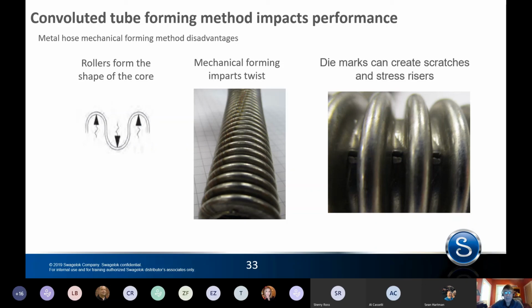And what will happen is, as this hose is bent in a dynamic application back and forth, it will crack at the root, because where the root was formed by these rollers, it's been work hardened, it's been stretched, and it's been torqued, and it will eventually crack. It will crack actually relatively quickly. And things like vibration, what was mentioned earlier, things like dynamic motion, pressure impulses will cause these cracks.